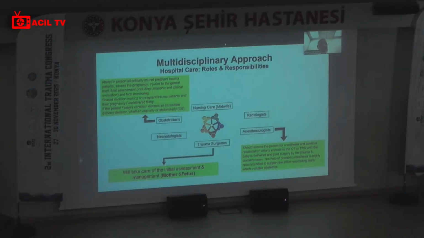Then the obstetrician will attend the critical elements for the injured patient within notification time to take the decision to deal with the baby, whether there is a need for immediate or delayed delivery, and whether it is a spontaneous vaginal delivery or a cesarean section.